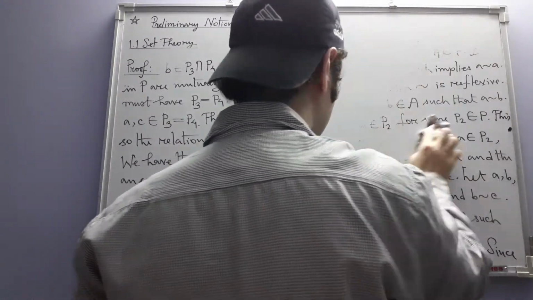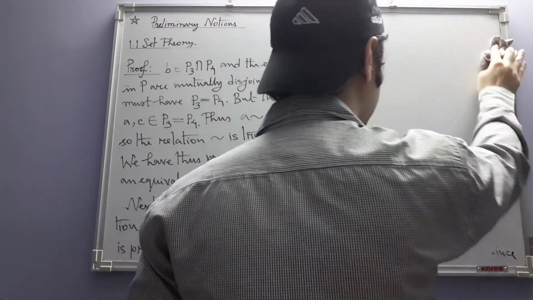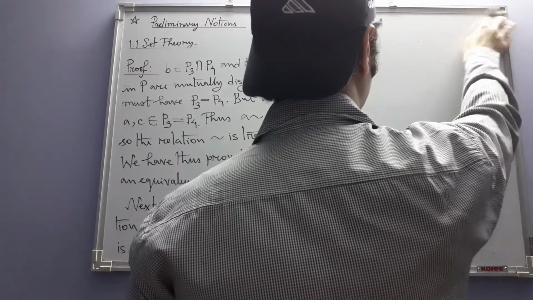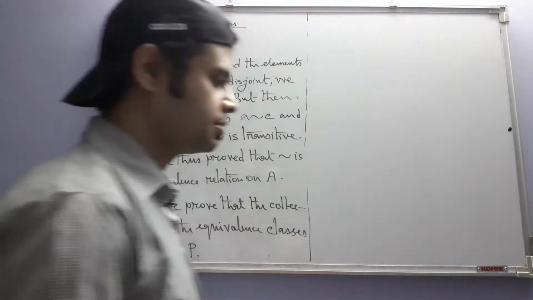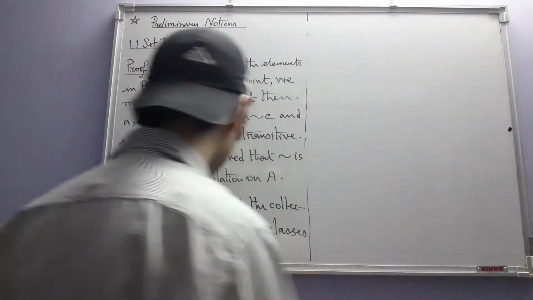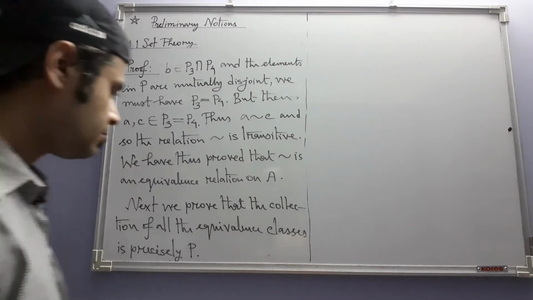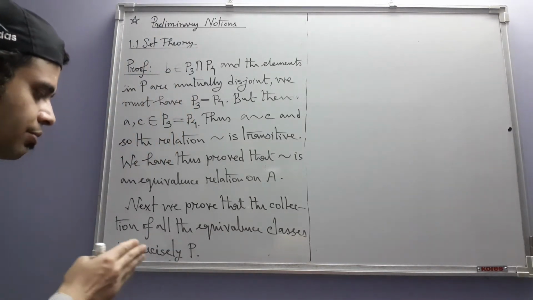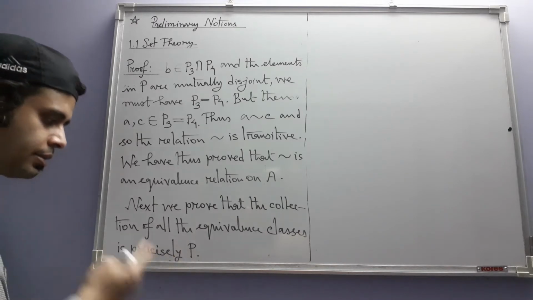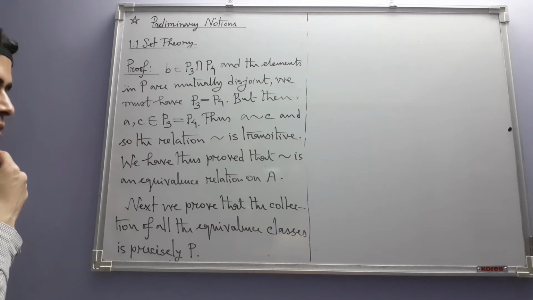In the text, the proof is not complete, and I think one part has been asked in the exercises, but since we have started proving this, let us just finish this. I don't in fact remember which part has been left out in the text. So now we have to prove that the equivalence classes are the things that make up P. How can we prove this?